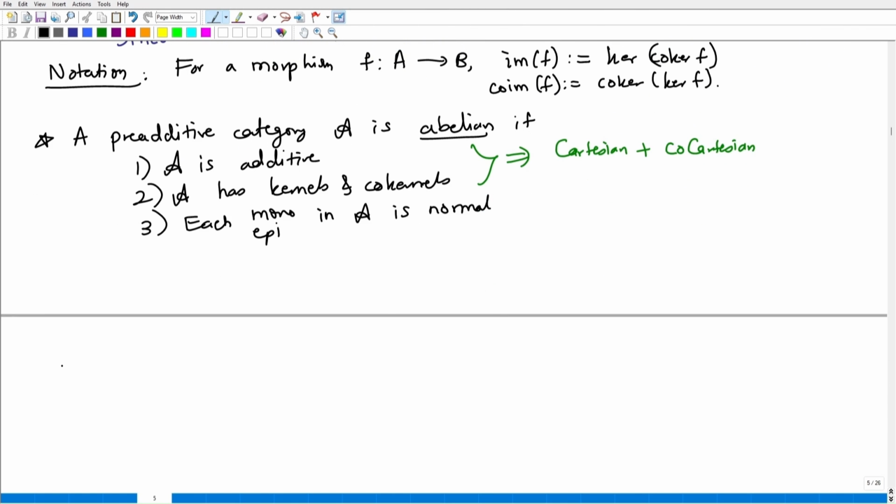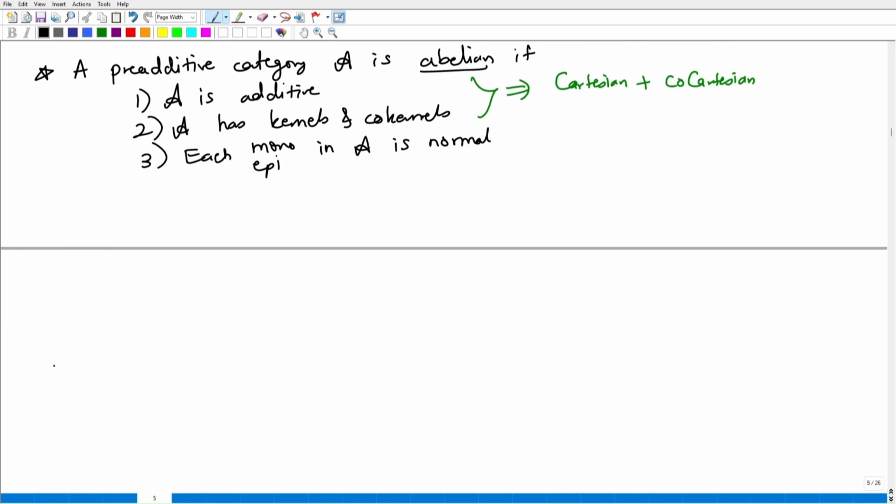Suppose A is abelian, so that we can assume everything.